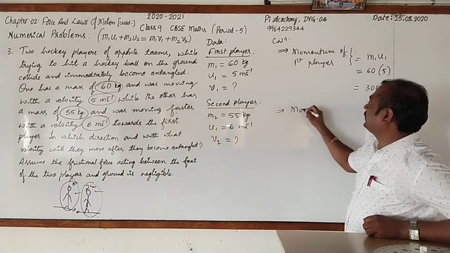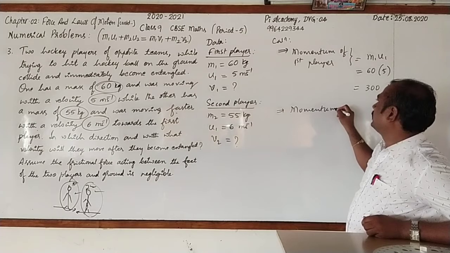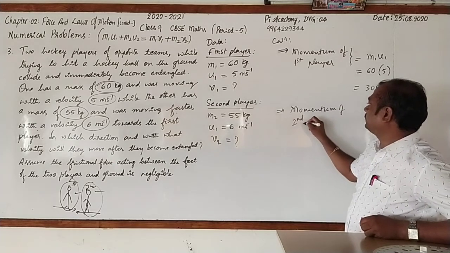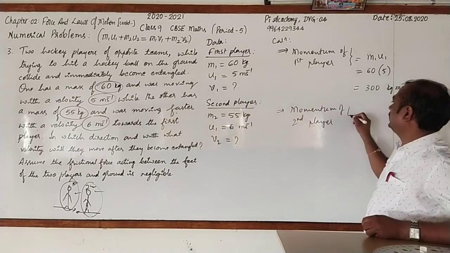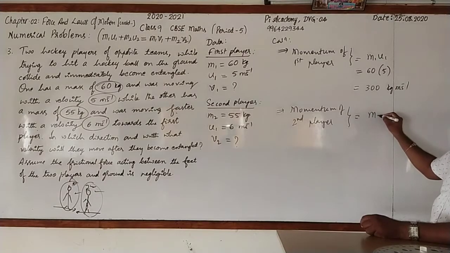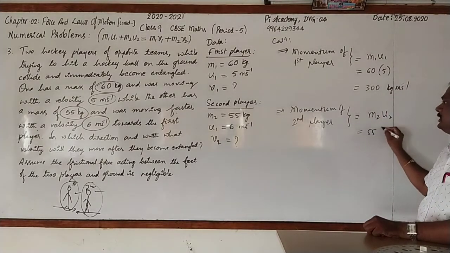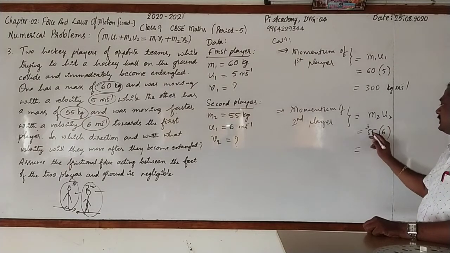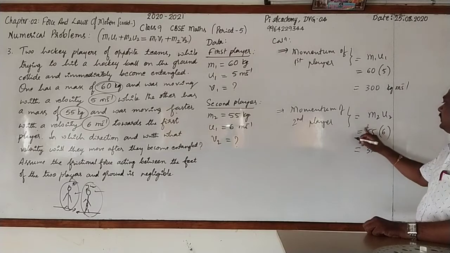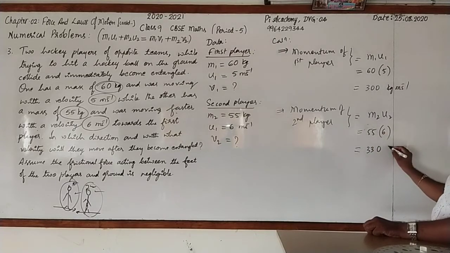Similarly, the momentum of the second player is equal to m2u2. This is 55 kg into 6 meter per second. 6 fives are 30, 6 fives are 30 plus 3, 330 kg meter per second.